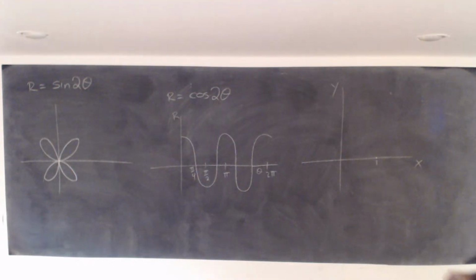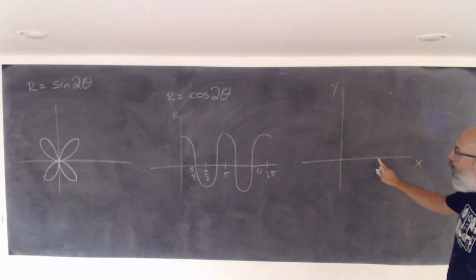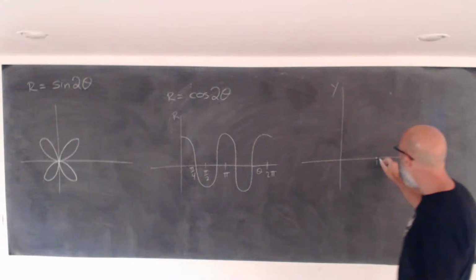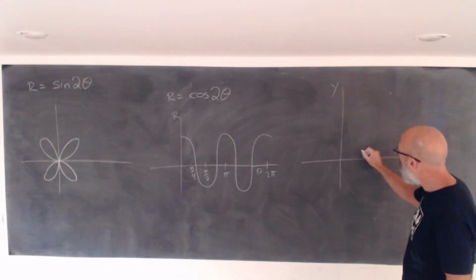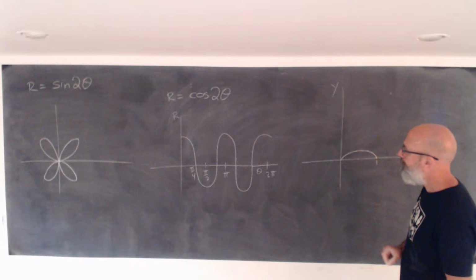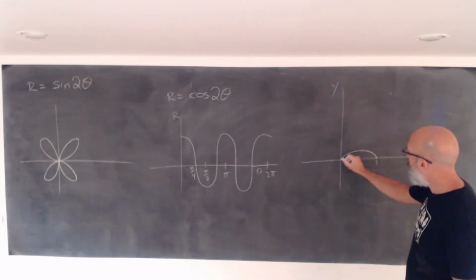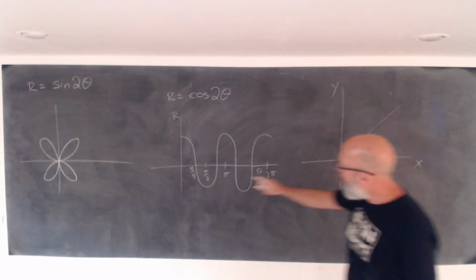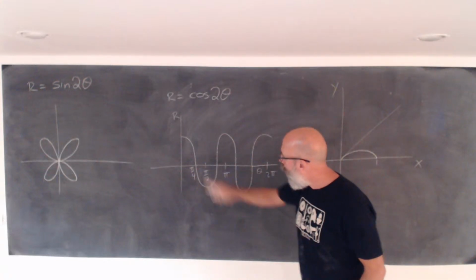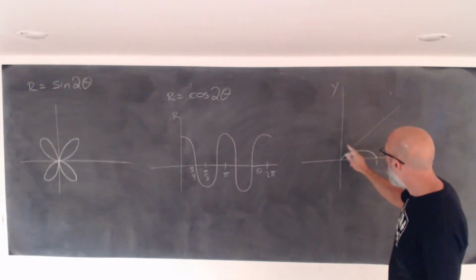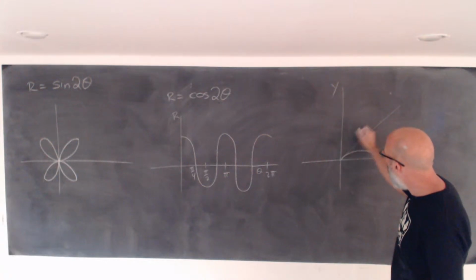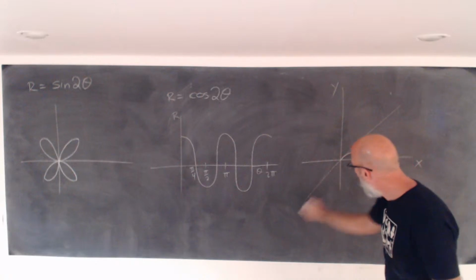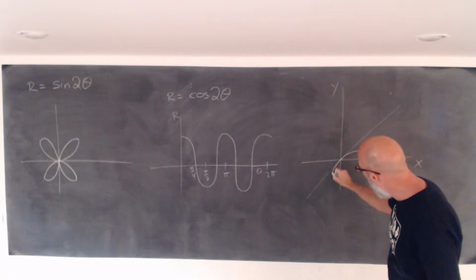Let's look at cosine 2 theta here. You're starting at 1. You're going all the way to 0 at pi over 4. And from pi over 4 to pi over 2, you're going all the way to -1. So instead of graphing it in this region, you're going to graph it over here, going from 0 to 1.